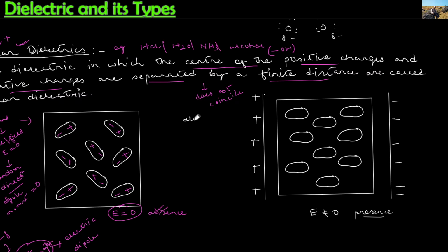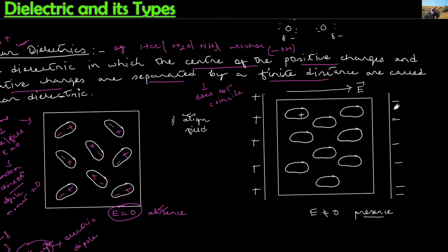They will align in the field direction in such a way that if this is positive and this is negative, the direction of the electric field lines will be from positive to negative. In the presence of an electric field, all these dipole moments will align along the field direction.